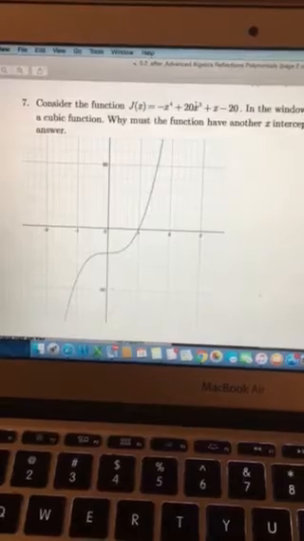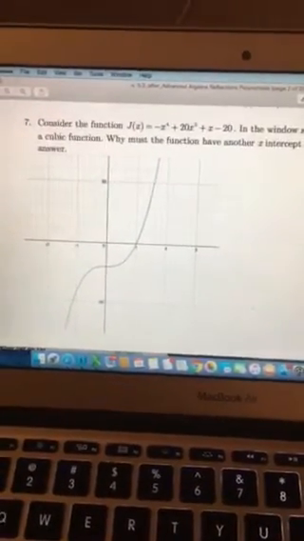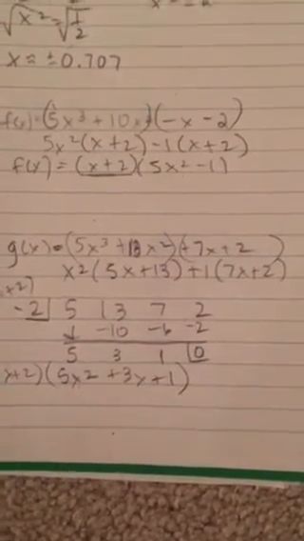Okay, so we were talking about this idea of real and imaginary. Before I leave you, I want to take a look at this function that we created here. g of x equals 5x cubed plus 13x squared plus 7x plus 2. Remember how I talked to you about how Desmos is like a gateway into understanding functions?